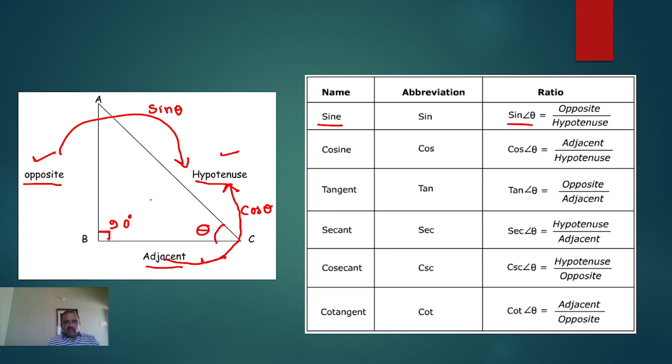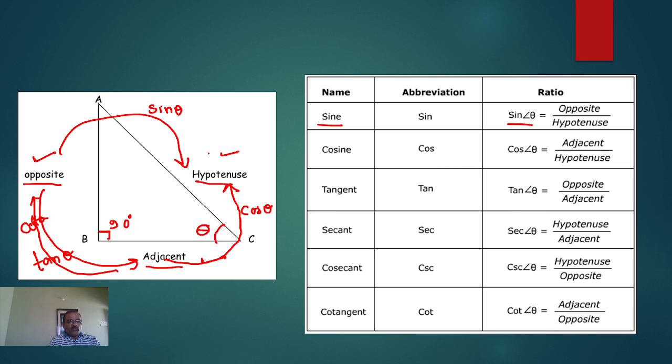After that, we go for the ratio of opposite to adjacent, which is tan theta. Next, adjacent upon opposite becomes cot theta.